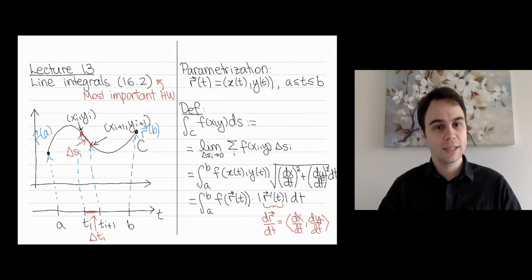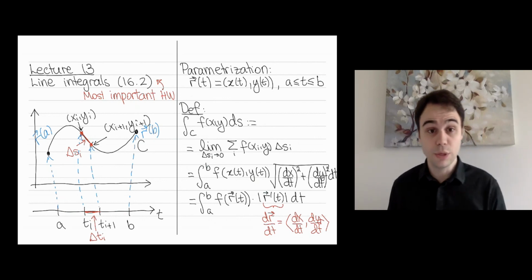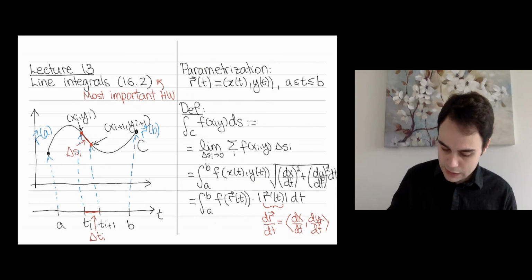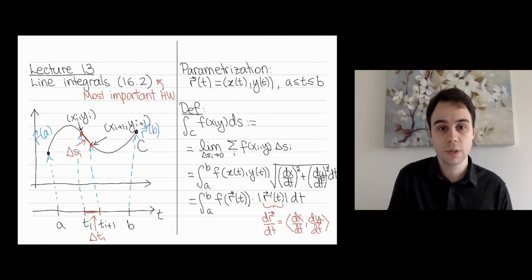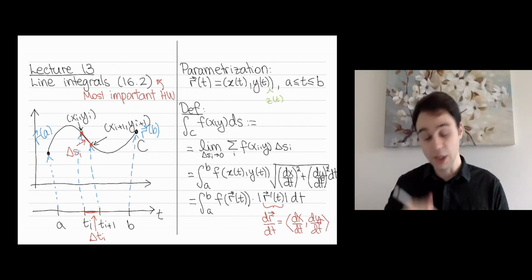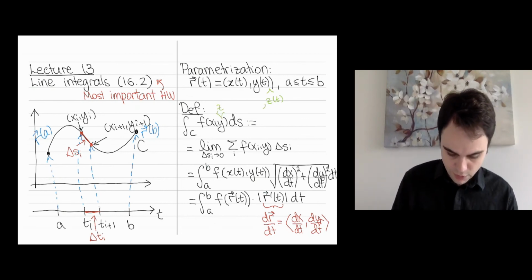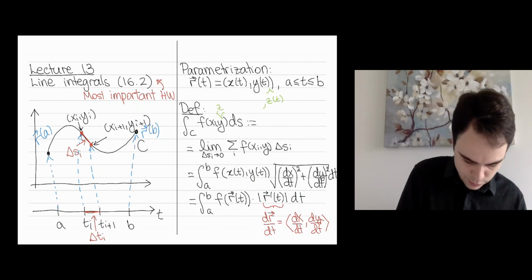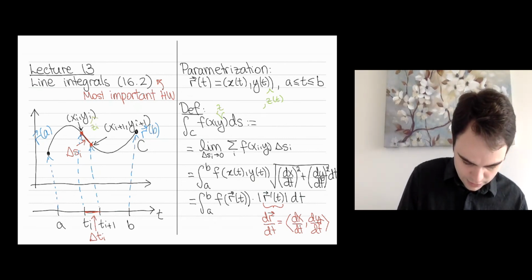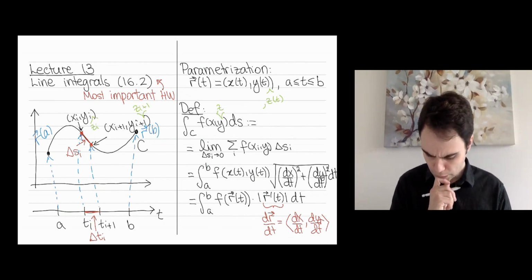The other point I'd like to make is that this whole discussion works in 3D as well, with very minor modifications. So in 3D, the parameterization would have a third function, z of t: x of t, comma y of t, comma z of t. The function would depend on z as well. So these points here would also have a zi component, zi plus 1 for the other point.